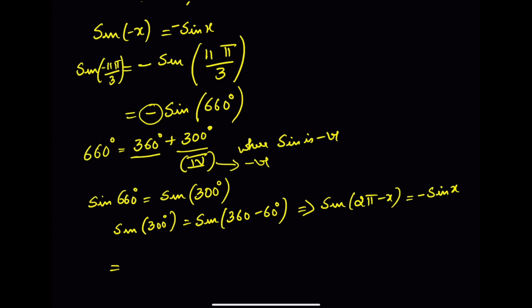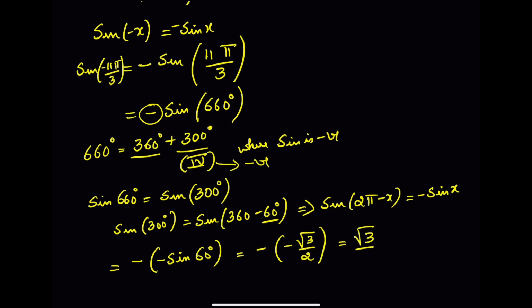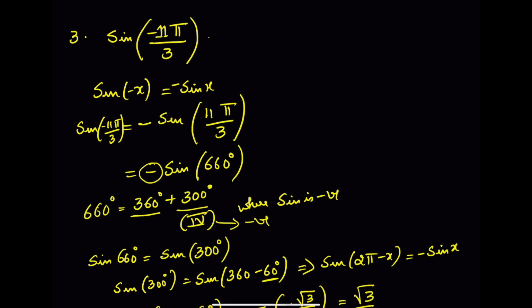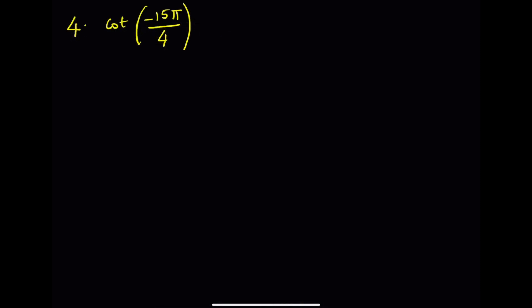So we would have the value minus of minus sine 60 degrees, because here x has the value of 60. So this would be minus of minus root 3 by 2, which is square root of 3 by 2. So the square root of 3 by 2 is the value of sine of minus 11 pi by 3.